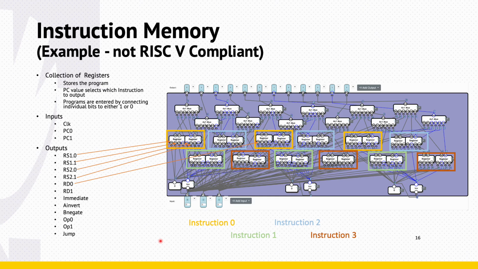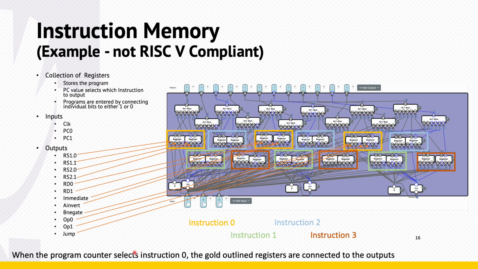RD0 for instruction 0 is here. The immediate value, and what this does is it says, okay, if this value is true, it says that the value in RS2 should be interpreted as an immediate value, not as a register selection. Okay. And this is where we store our A invert. This is where we store our B negate, op0, op1, and jump, all just for instruction 0.